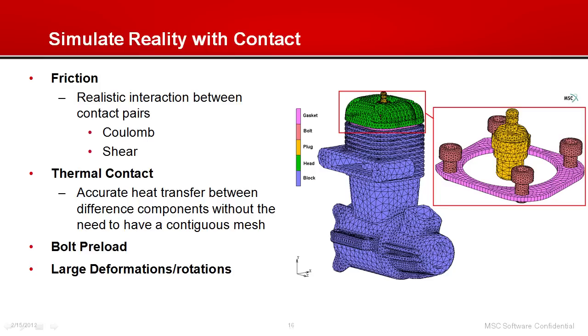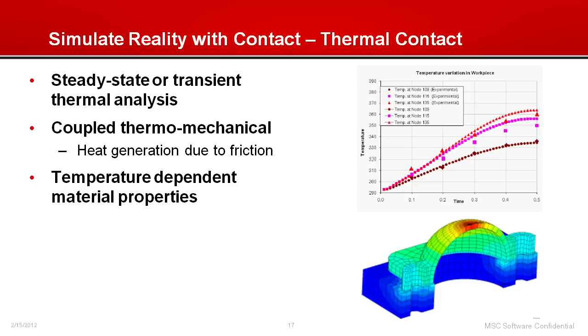We also have the thermal contact, where you can define two dissimilar meshes and define them as contact bodies, and have heat transfer going between one contact body to the next. And among other things, we have bolt preload as well.